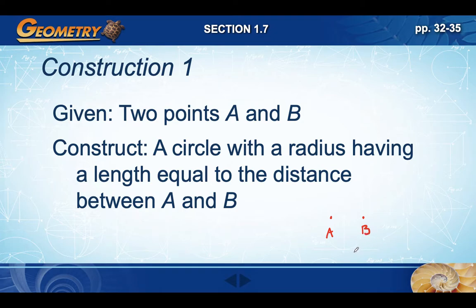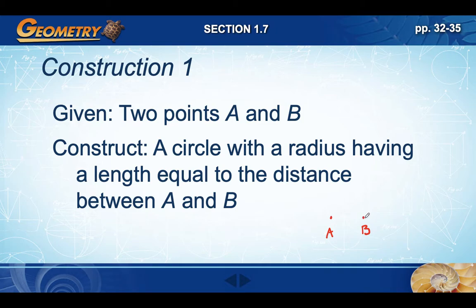We're constructing, so we're going to be using a compass. So line up your compass, put the pointy part right here on A. We'll pretend that that is our center, and then our radius is going to be the length from A to B. You'll put your pencil right here. Make sure your pencil is sharp.